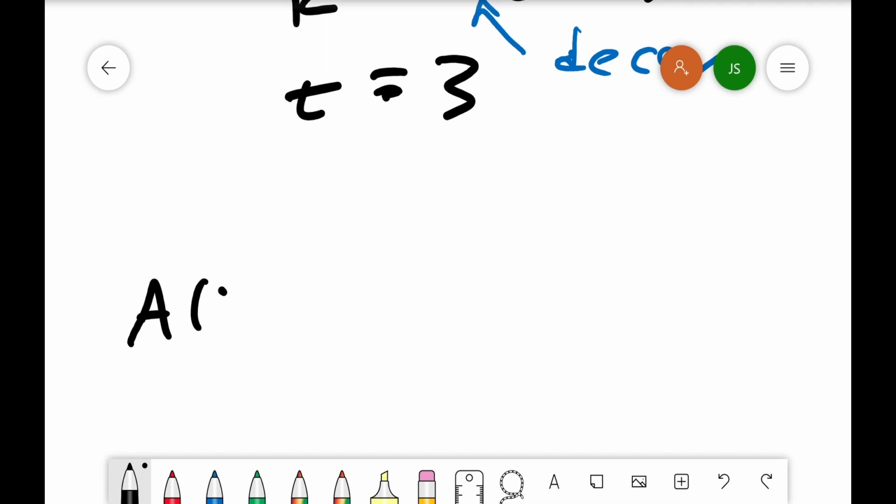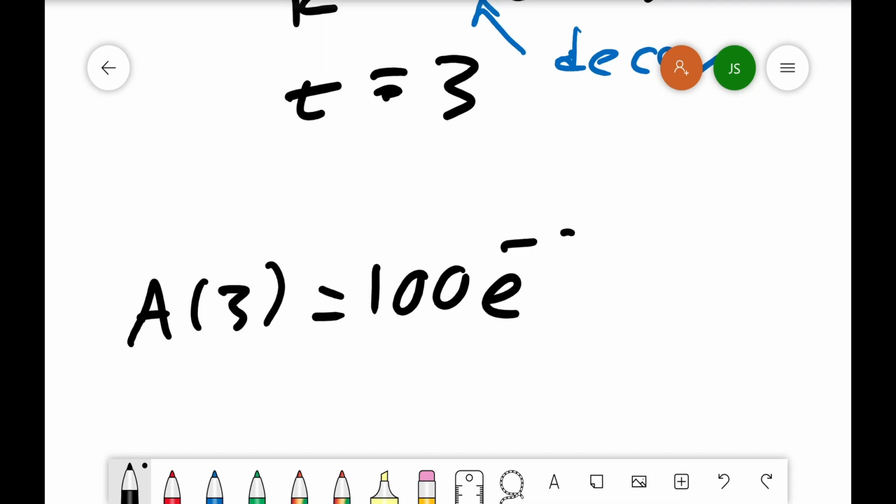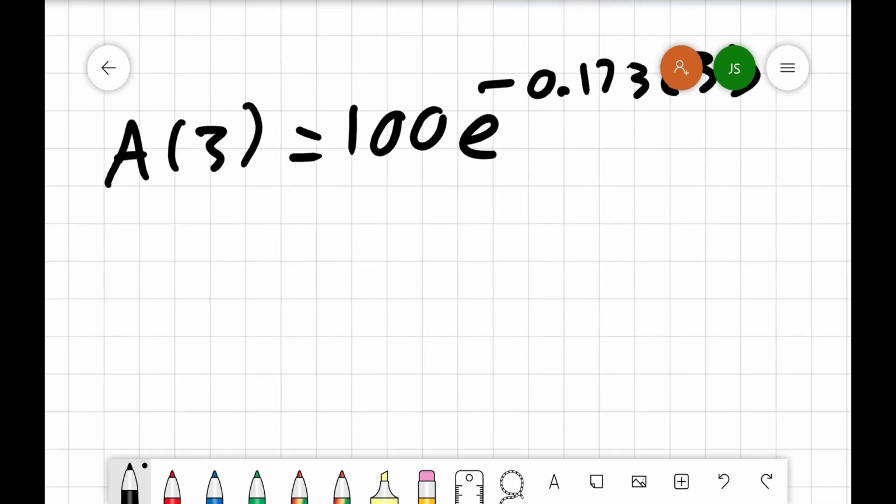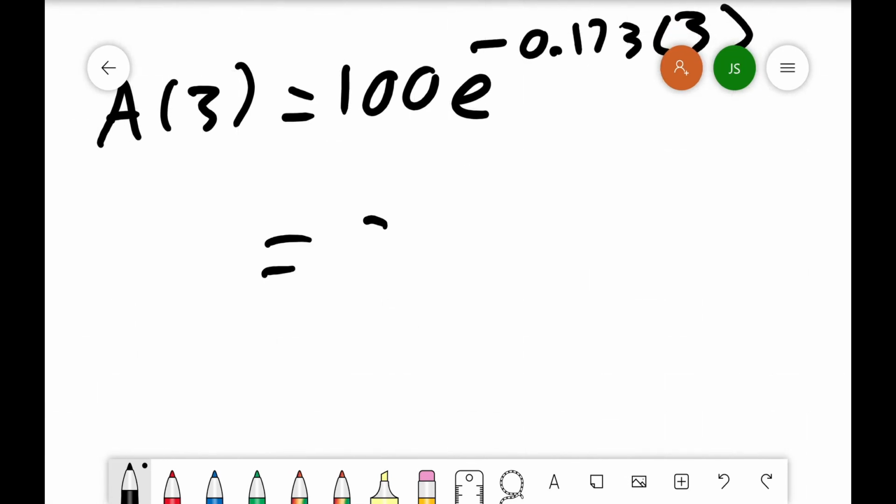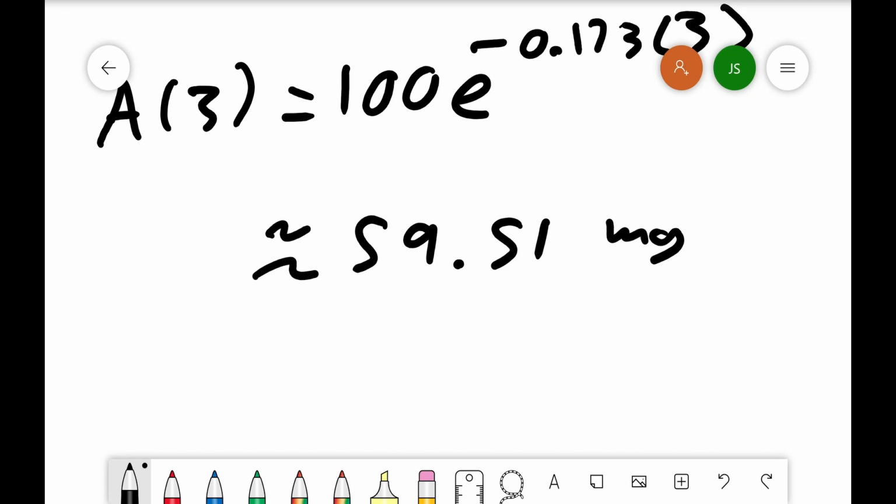So the answer is A of 3 is 100 e to the negative 0.173 times 3, 3 days. And what are we left with? 59.51-ish milligrams. All right, that's the end of this subsection.